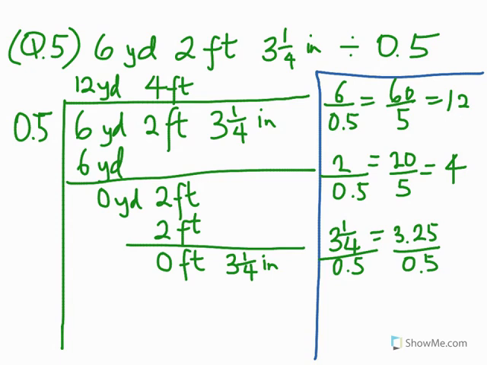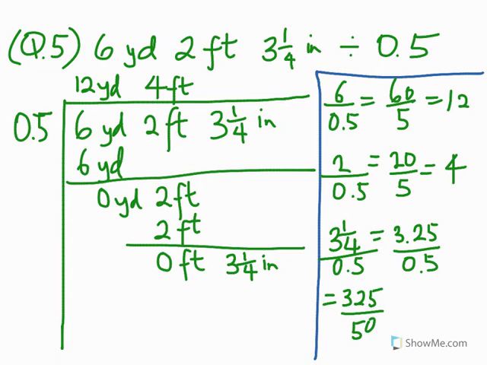We also want the 3.25 to be 325. And for 3.25 to be 325, we have to multiply it by 100. And whatever we do to the numerator, we have to do to the denominator. If we multiply 3.25 by 100, then we also multiply 0.5 by 100. And when you do that, you get 325 over 50.